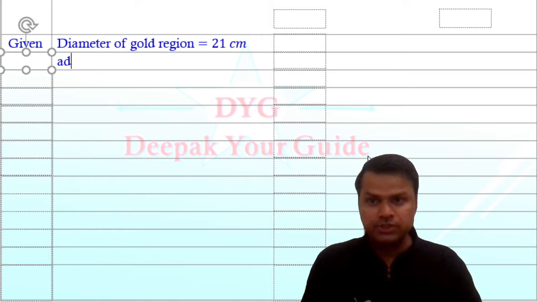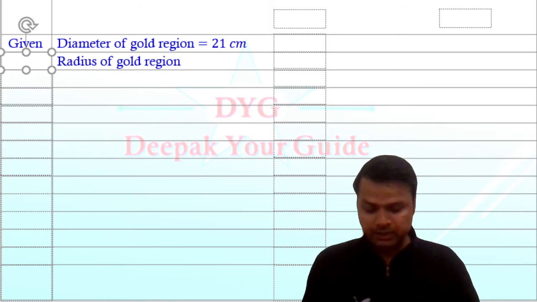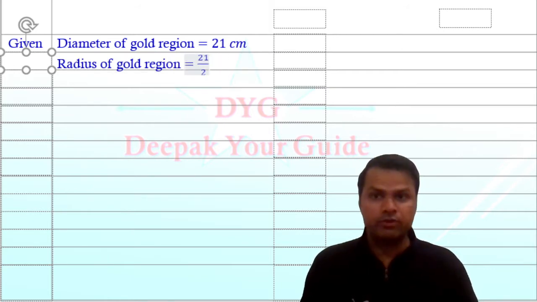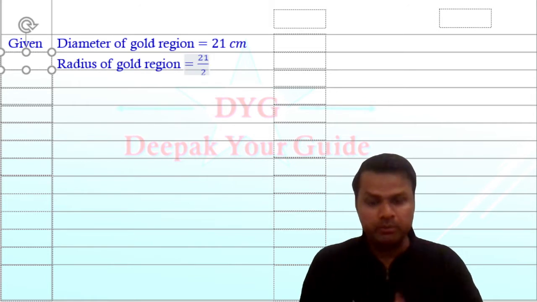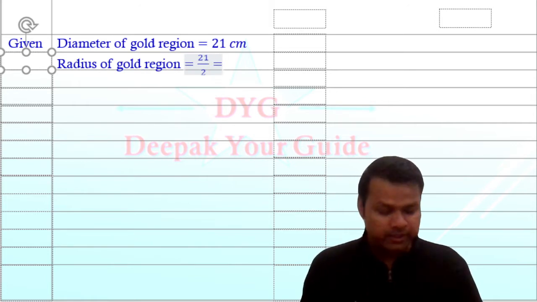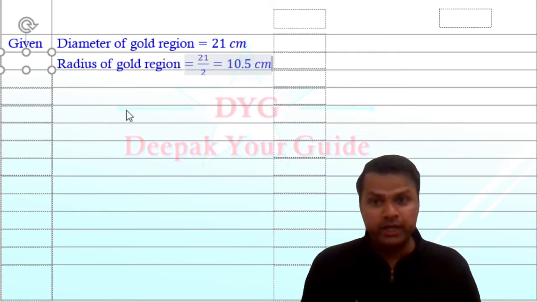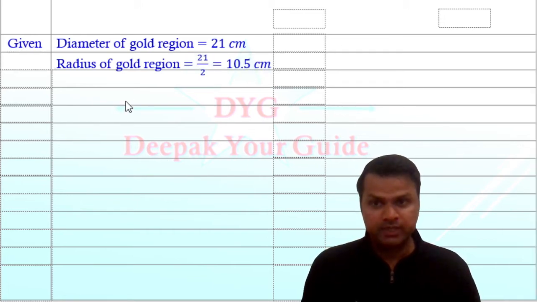I'm sure you remember the relation between the diameter and the radius. Diameter is given, radius is half of the diameter. So it is 21 by 2, and if I divide it, we get 10.5 centimeters. So the radius of the gold region is 10.5 centimeters.